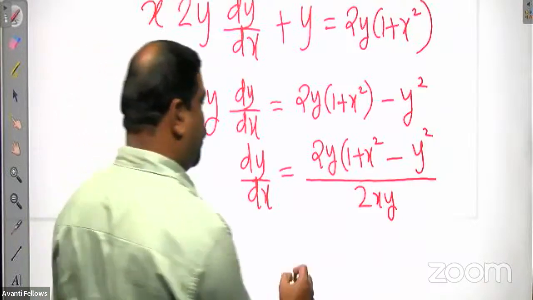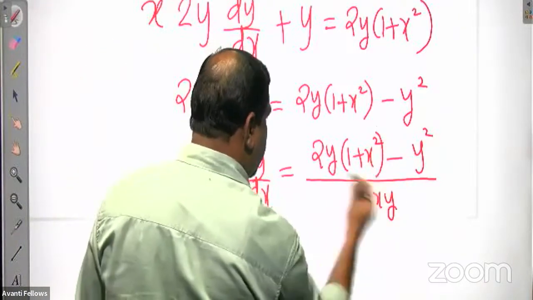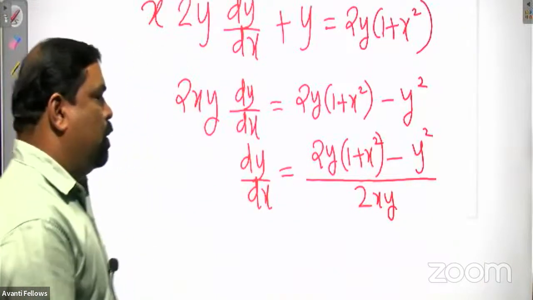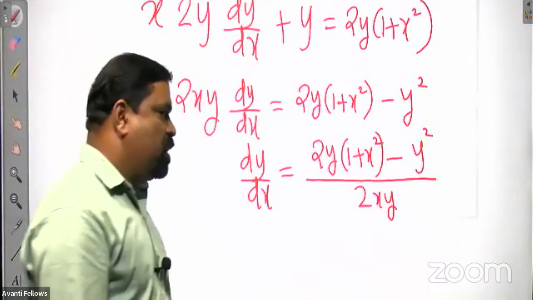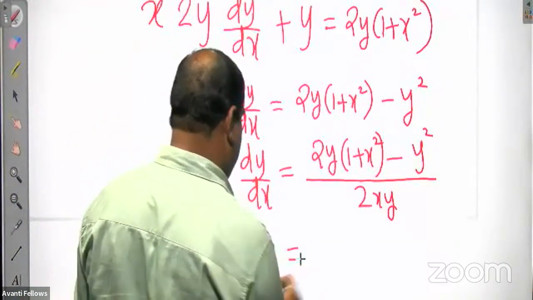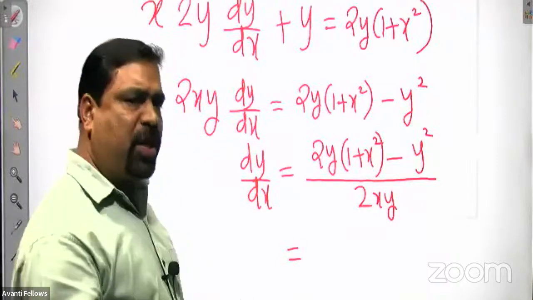2y into 1 plus x square minus y square divided by 2xy. Then what to do? Divided by 2xy, separate each term.